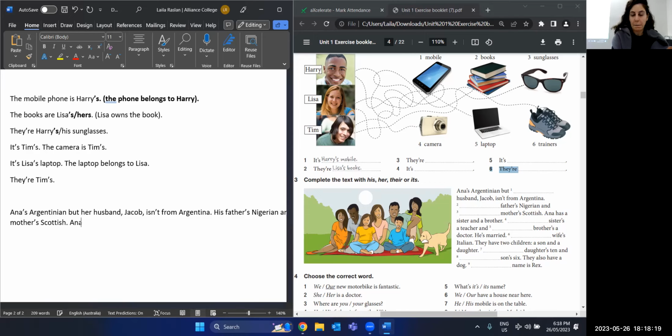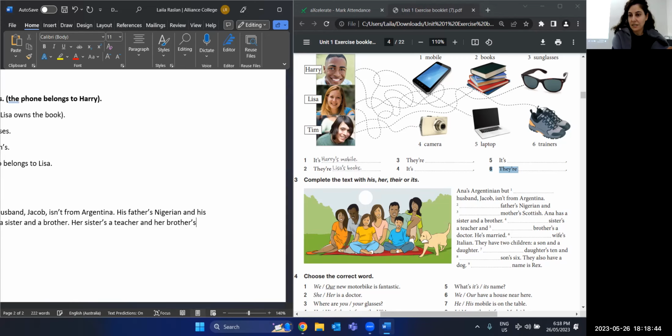Anna has a sister and a brother. Anna, her sister is, don't get confused, it's just a contraction there. So Anna, her sister is a teacher and her brother's a doctor.